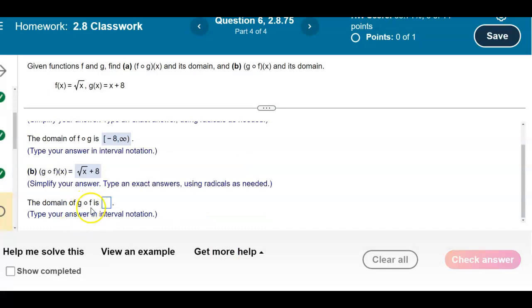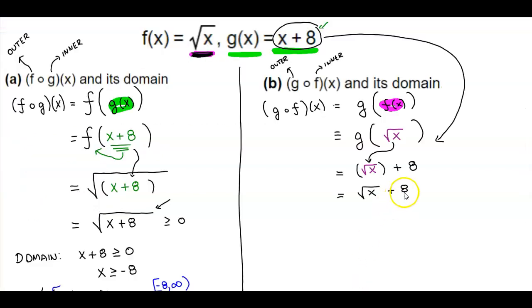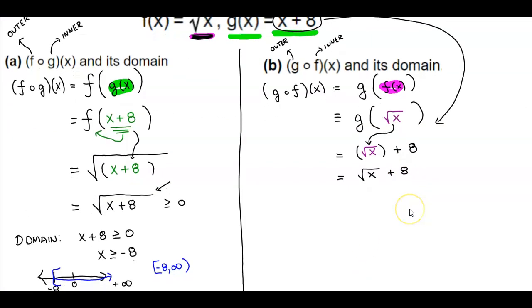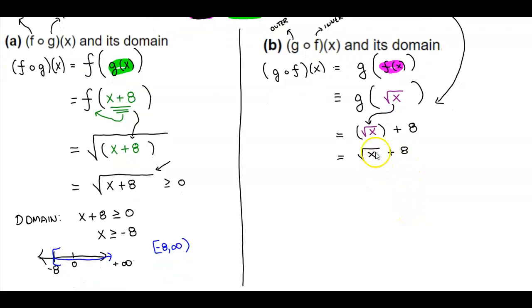Now we need to find the domain of this function. The 8 here is constant, so we don't have to worry about the 8, but we do need to worry about this radical. Just like we did in part A, the expression underneath the radical is x, which means that has to be greater than or equal to 0.